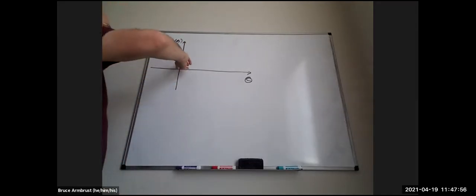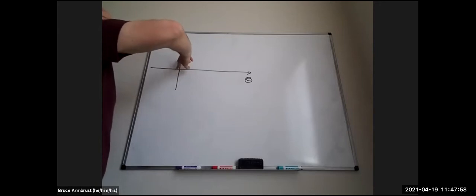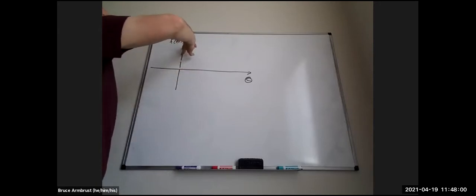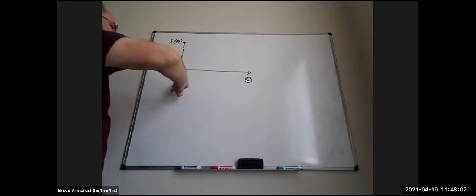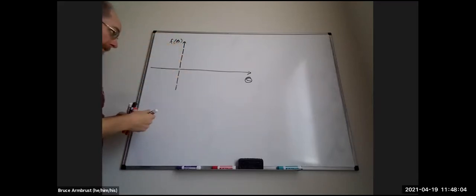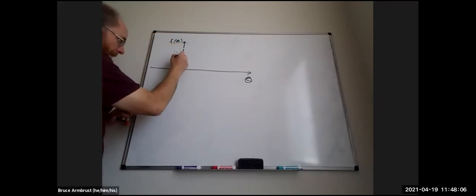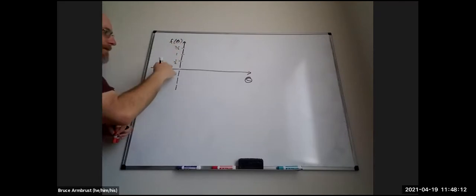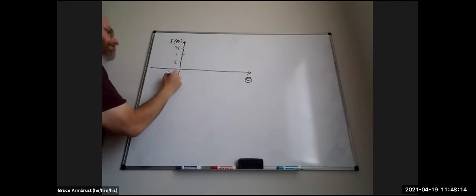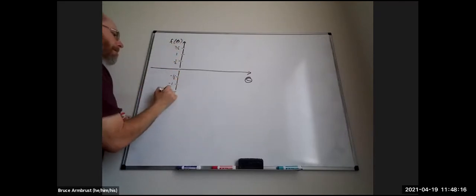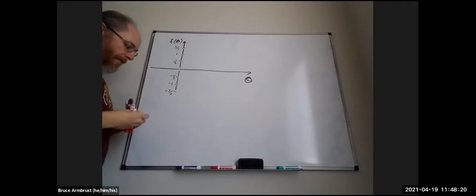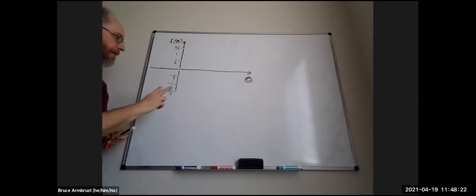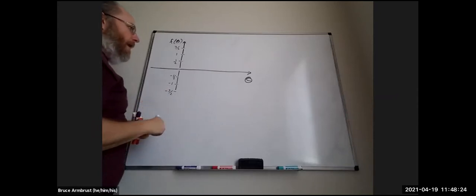All right, so let me give myself some tick marks here. Now, vertically, I'm going to make these things halves. So every one of mine is a half. And then horizontally, I'm going to do pi over 2s.